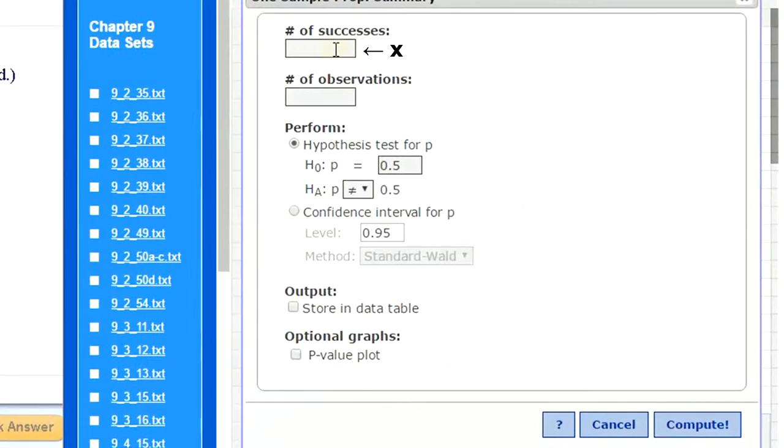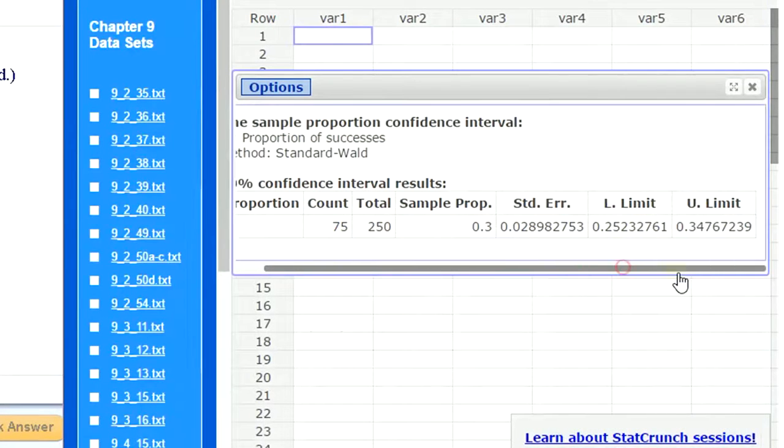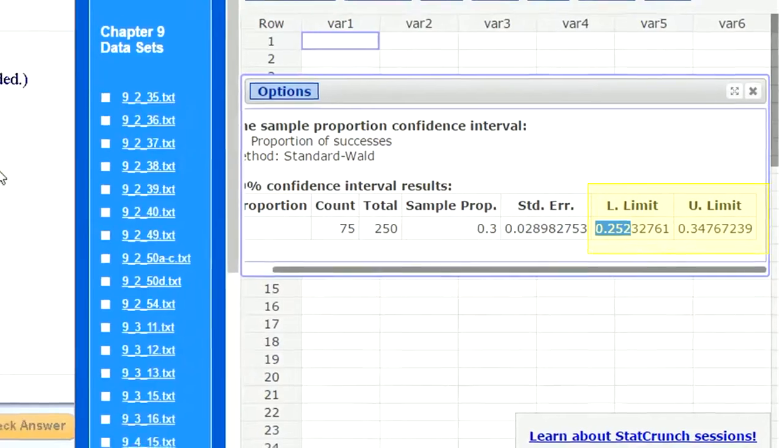So we just put in 75 for the number of successes, 250 for the number of observations, and we want to select confidence interval for p and set the confidence level to 90%. Keep the method at standard Wald, no need to change that, and click Compute. We get the lower limit and upper limit for the confidence interval. I'll take the first 3 decimal places and copy them over.